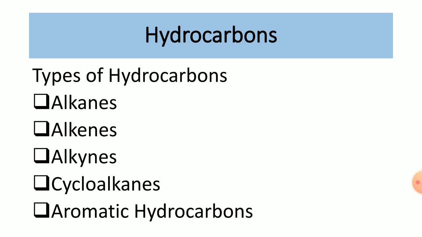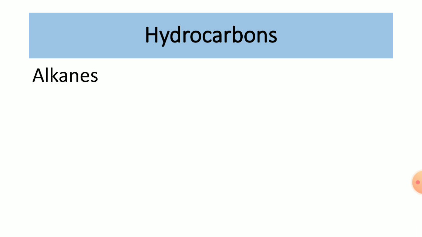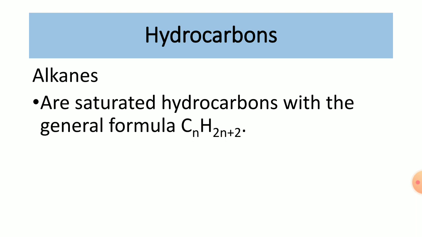First, let us take alkanes. So, alkanes are saturated hydrocarbons with the general formula C sub n H sub 2n plus 2. So, n is the number of carbon atoms.